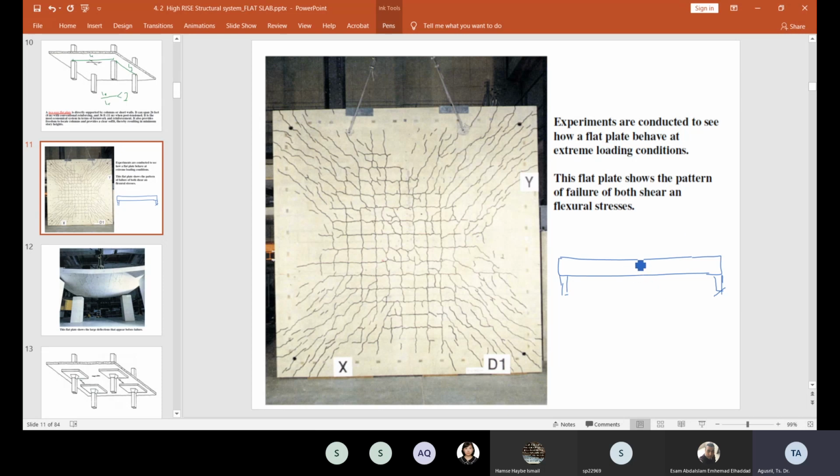For example, if you find that most of the cracks are at the middle span like this, this is crack due to flexure. If you find that the crack is near the column support, and the crack is around this pattern, like this.